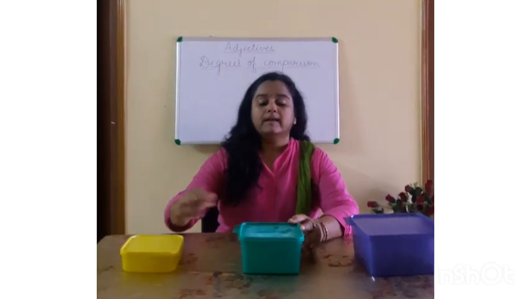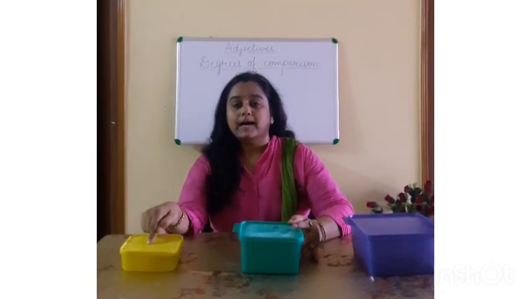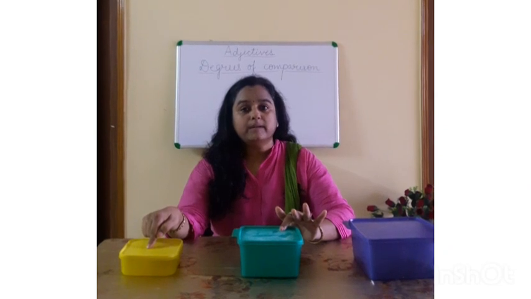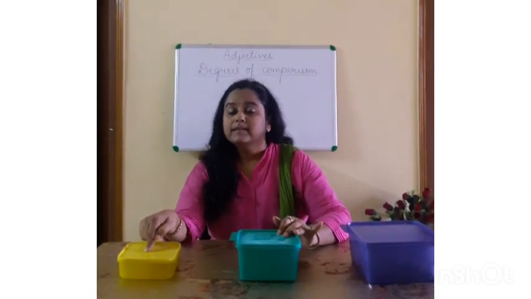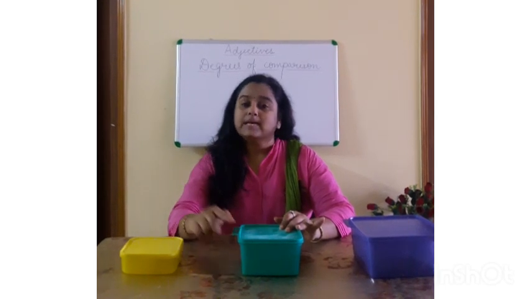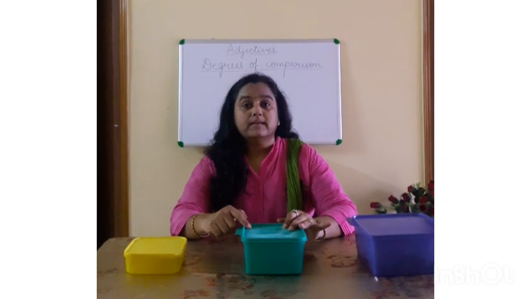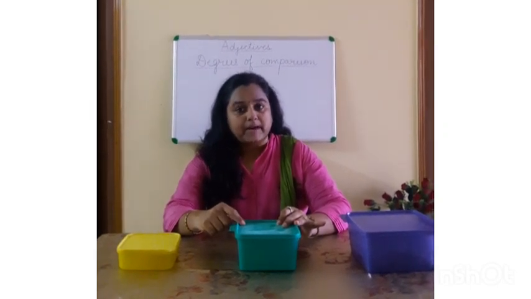Now when I am comparing the green and yellow box, I will say this green box is bigger than the yellow box. Because I am comparing two things, I am using the comparative degree of comparison.